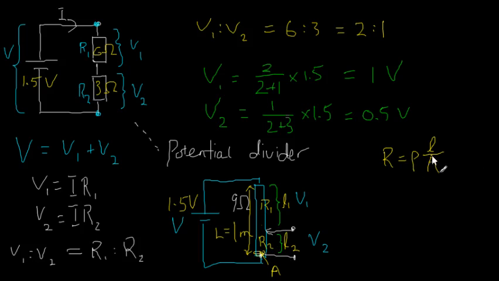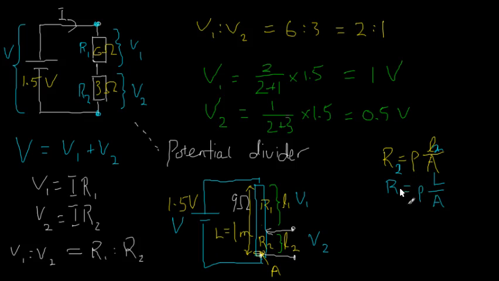So according to this formula, R1 would correspond to L1, and R2 would correspond to L2. So I can calculate R2 from L2 using this formula, for example. And likewise, for the full voltage, that would correspond to the full length L. So the total resistance R would be equal to rho times, in this case, the big L, the full length, over A.